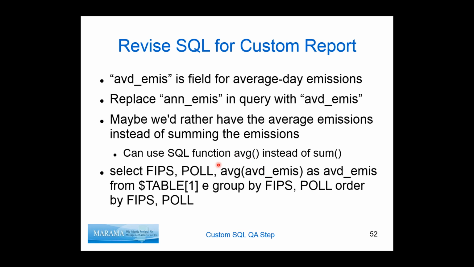And then we would just replace the stuff in that same query. So we just changed out sum of annual emissions to just be average of the average day emissions. And then we also changed out the other place where annual emissions was referenced. This query then is now ready to be used in a QA step.